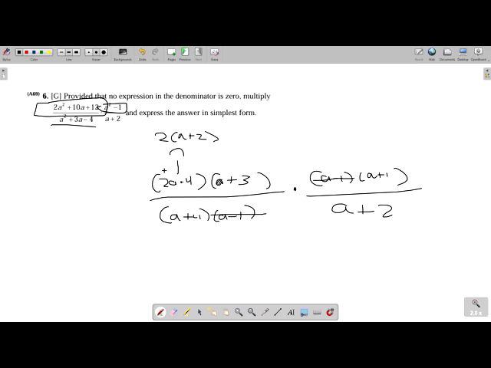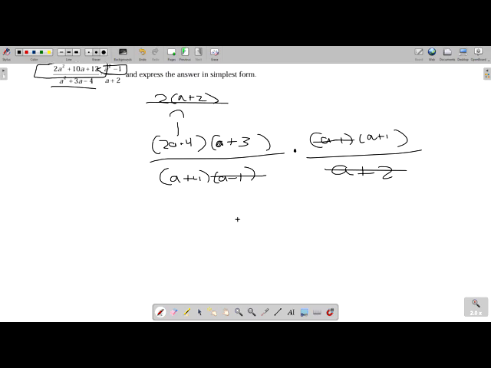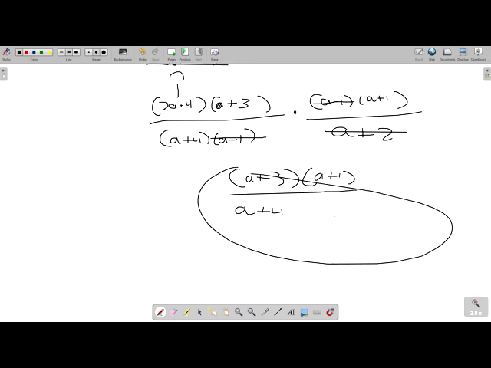I'm so sorry, I just found that out. And you can cancel the a plus 2 with the a plus 2. So it's going to be left with 2. So you can have 2 over a plus 4, and a plus 1. And that's the answer. It's simple.